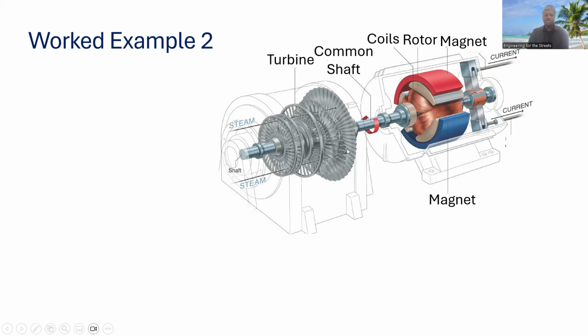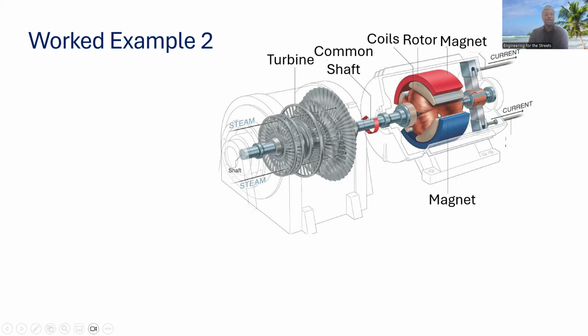And then when it passes through the turbine blade, of course, there's expansion of the steam and that leads to rotation. And since there's a mechanical coupling between the shaft of the steam turbine and the rotor of the generator, the rotor, which is essentially a magnetic field, rotates. And we know that by Faraday's law of electromagnetic induction, if there is a relative motion between a magnetic field and a fixed coil, an EMF is induced.